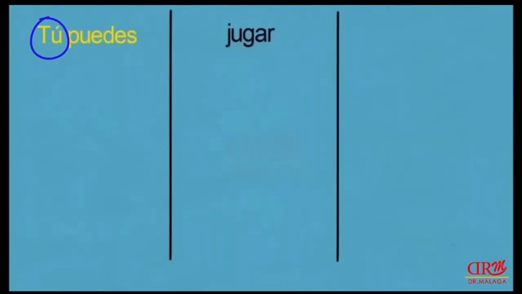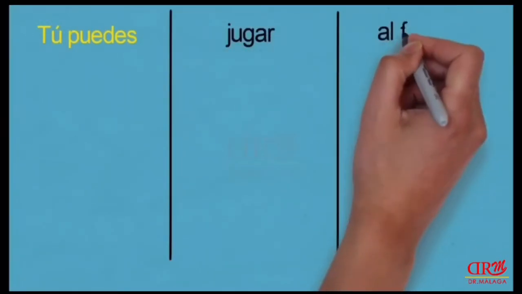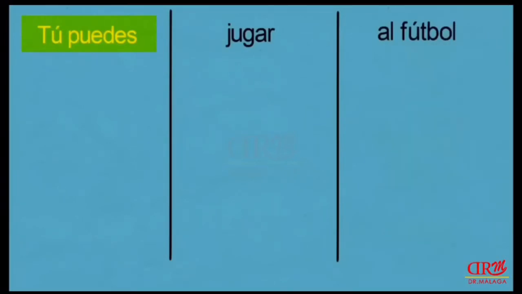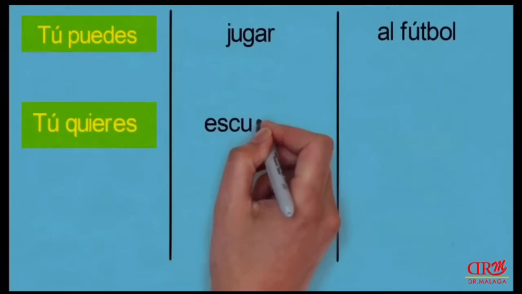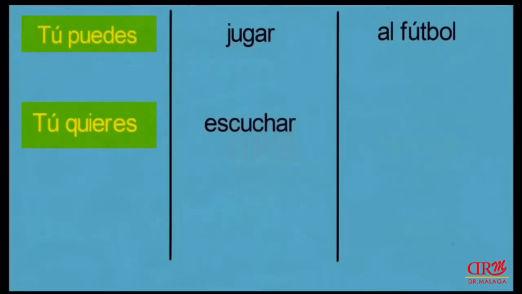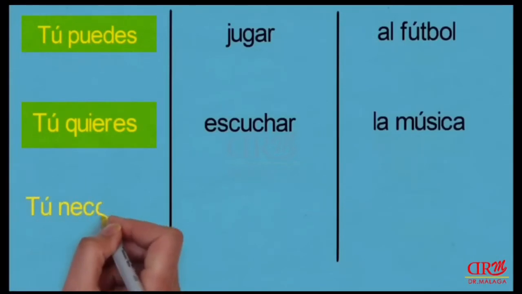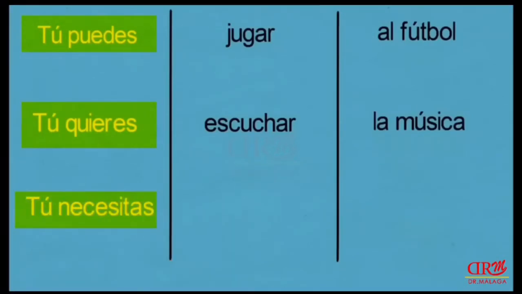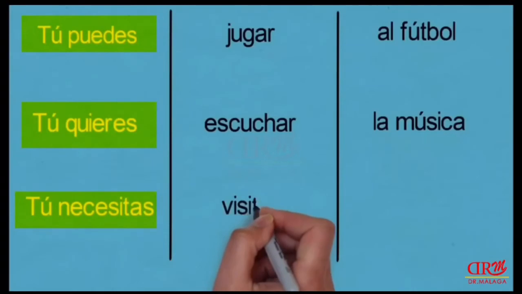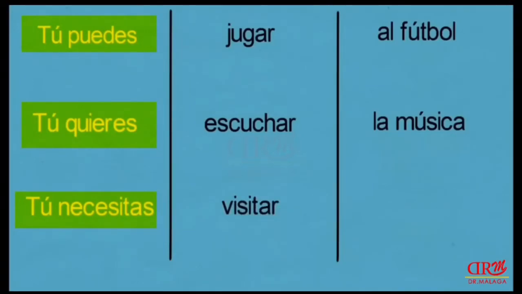Let's also take examples and see how we can use tú and the magic verbs. First example here: tú puedes jugar al fútbol, tú quieres escuchar la música, tú necesitas visitar España.